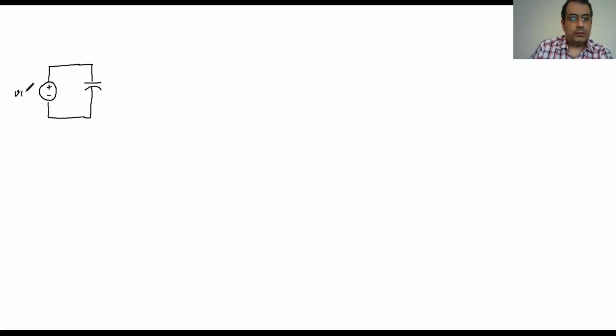This time we assume the battery is time dependent, so the voltage is going to be a function of time.